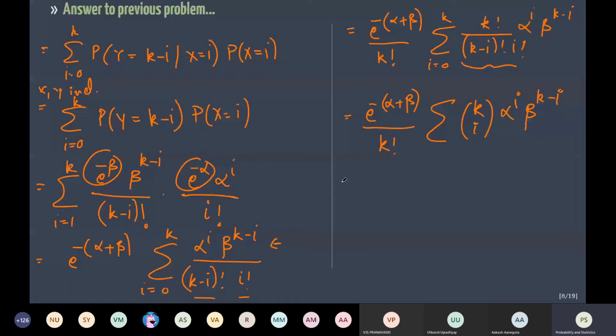This is the expansion of (alpha plus beta) to the power k. And what does this mean? Now you can read out the parameter. This is nothing but Poisson with parameter alpha plus beta, right? So Z follows the Poisson distribution with parameter alpha plus beta.